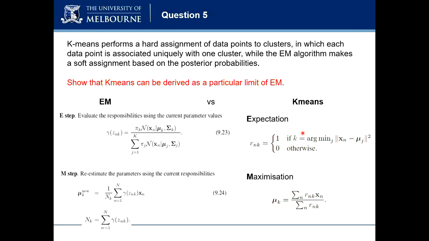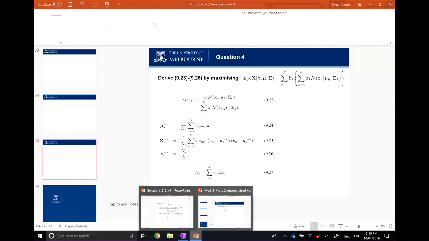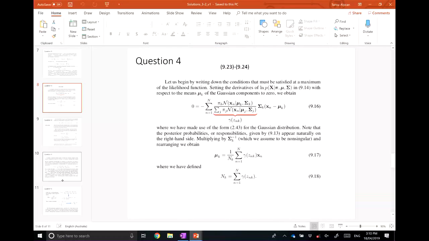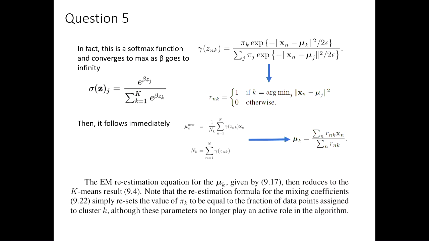So actually, I have put it as a question. The argument is very simple. When you look at the solution, the argument is very simple. It goes to the idea of the softmax function. This is called the softmax function, e to the beta z over the sum of e to the beta z.